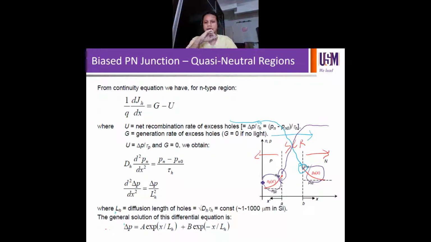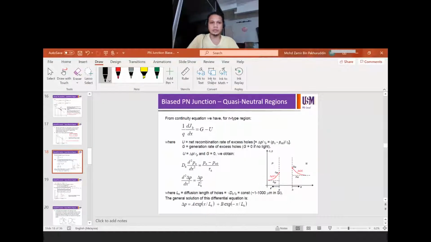P and X will be the minority carrier hole, minority hole as the minority carrier in the N region, and we're also going to look at NPX, which is a minority carrier electron in the P region. Okay, so this is quite a long derivation actually. I'm going to show you before I come back to this page. Let me just show you the PVC ROM page.